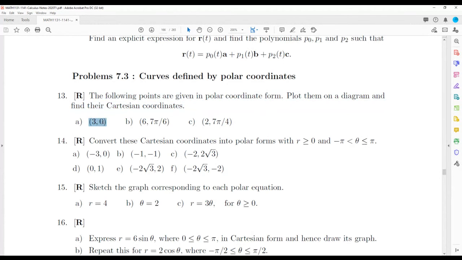In the first one, we've got r equals 3 and theta equals 0. Who can tell me what is the x and y coordinates for the first point? If r equals 3 and theta equals 0, what will the corresponding x and y coordinates be?